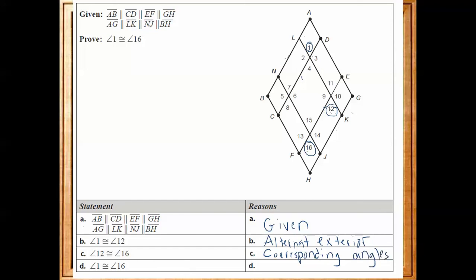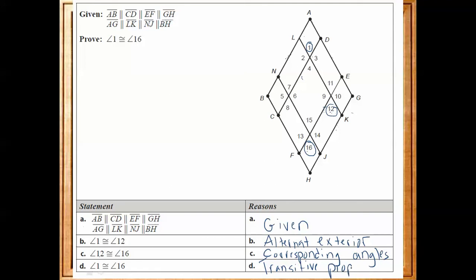So now we know that angle 1 is congruent to angle 12, and we know 12 is congruent to angle 16, so we know that angle 1 is congruent to angle 16 because of the transitive property.